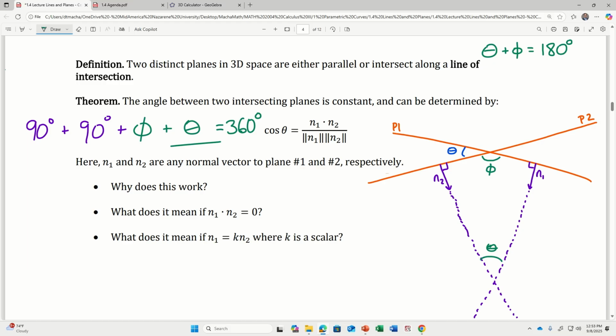Then the planes would be orthogonal to each other. That means that angle theta must be 90 degrees. The angle between the planes is 90 degrees if n1 dot n2 is equal to 0.